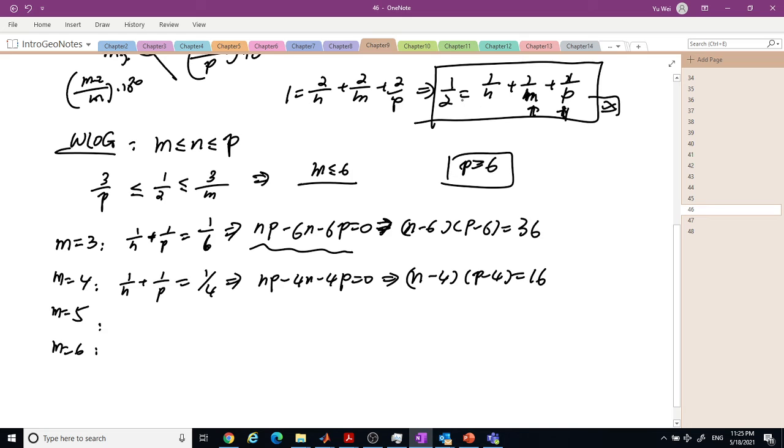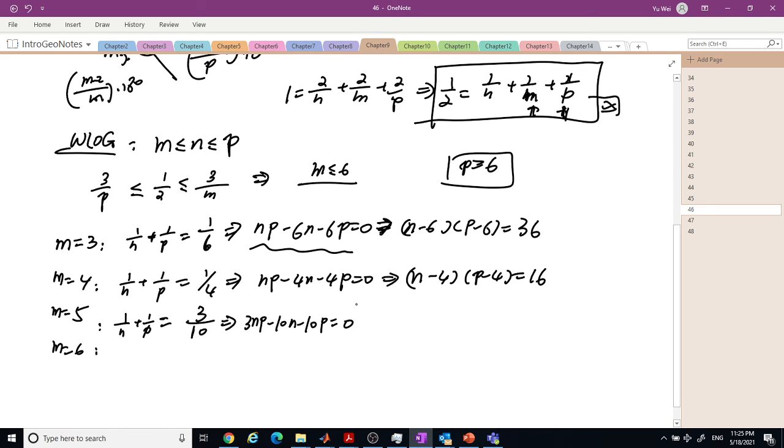Now next one is 5, right? So this one is a little bit special. So 1 over n plus 1 over p is equal to half minus 1/5. Okay, so we get 3 over 10. Then we have 3np minus 10n minus 10p equals 0.